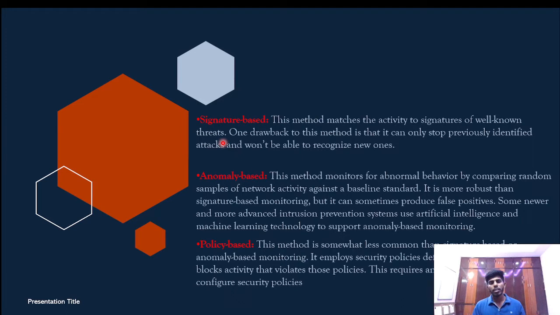Actually, a signature based prevention system checks for threats which are already known. It means if an attack was already done in the past and recorded somewhere, it checks and rapidly sees whether the threat is already known or not.